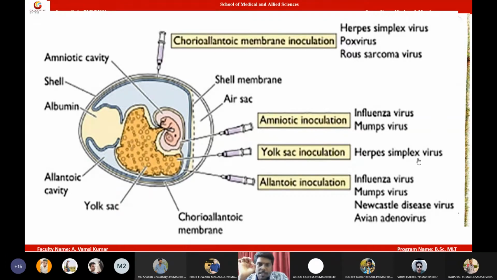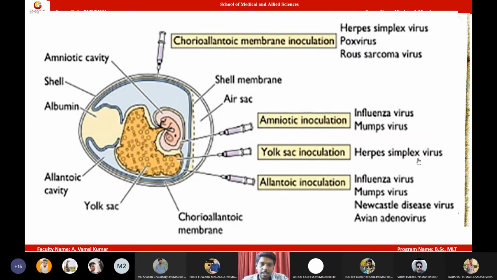Millions of influenza vaccine doses have been developed purely by culturing influenza in an embryonated egg. So by using embryonated eggs, we developed millions of vaccines globally. Now you can understand how efficient this technique is.